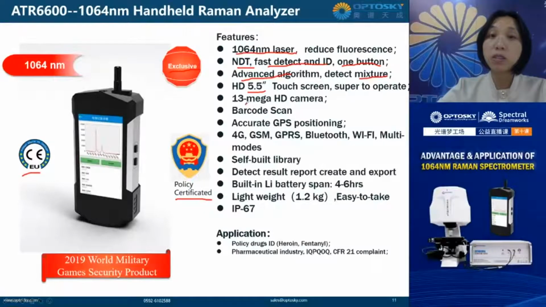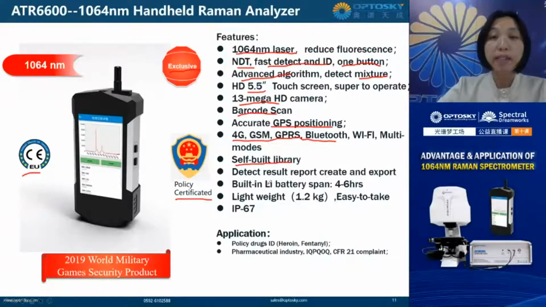We use a 13 megapixel high definition camera, it can sparkle scan and use GPS positioning, and we have 4G, GSM, GPS, Bluetooth, Wi-Fi, and multi-mode. We can self-build libraries, and detect results, create reports, and export.